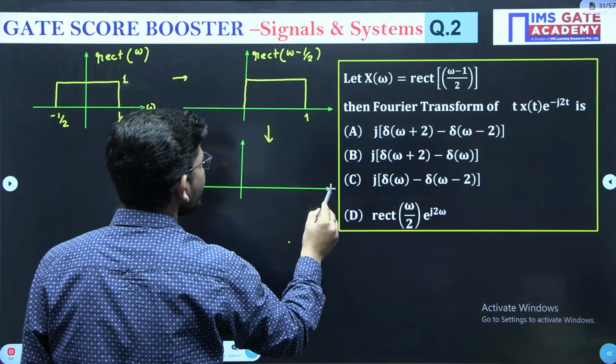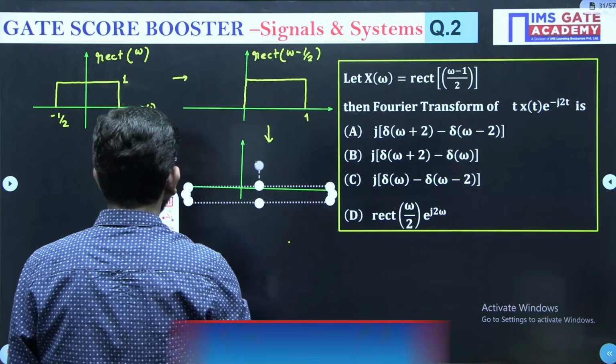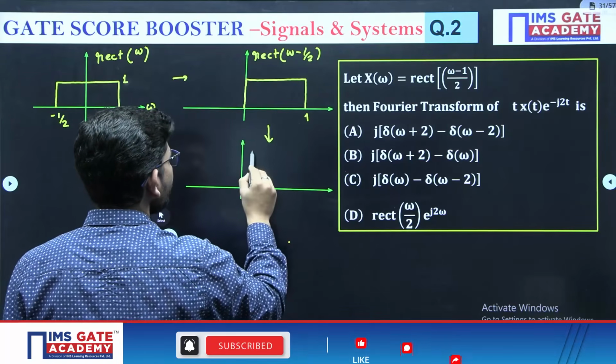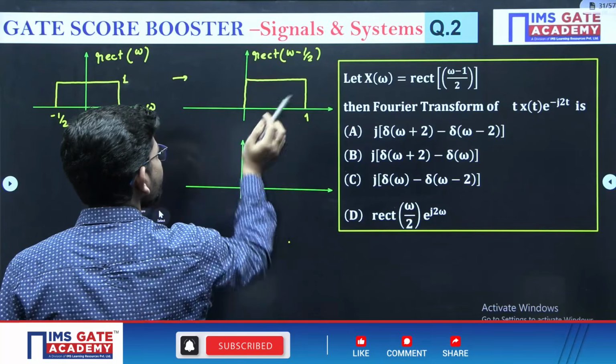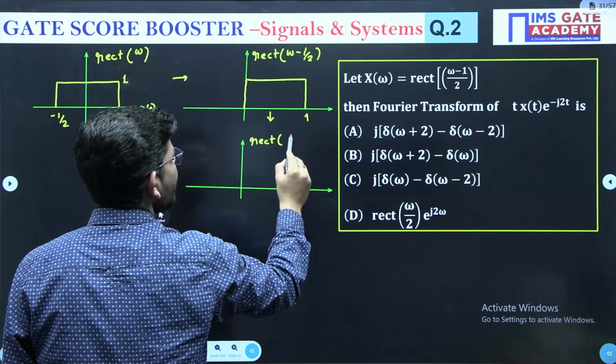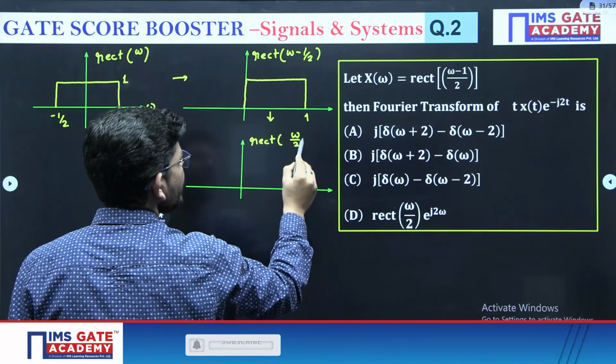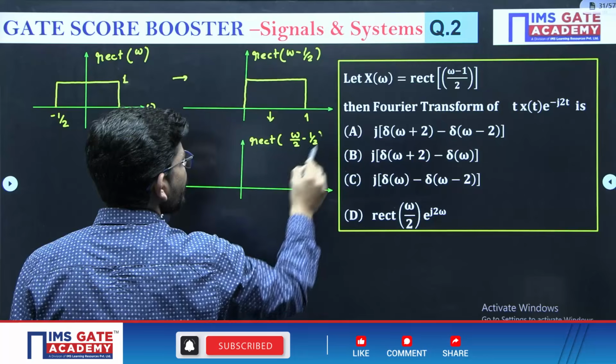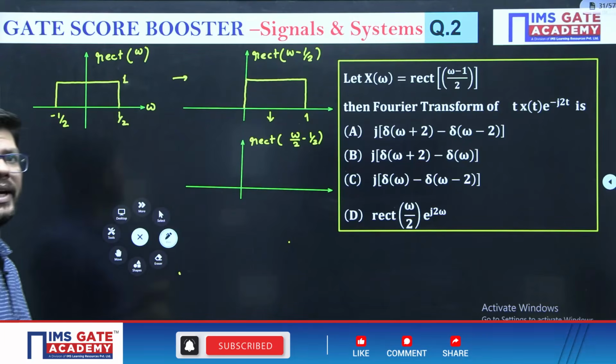Now we have to do the scaling of 1 by 2 and we have to draw another signal, rect of, we already had omega minus 1 by 2. Now we will be doing the scaling of 1 by 2 in omega, and rect of omega by 2 minus 1 by 2 will come.